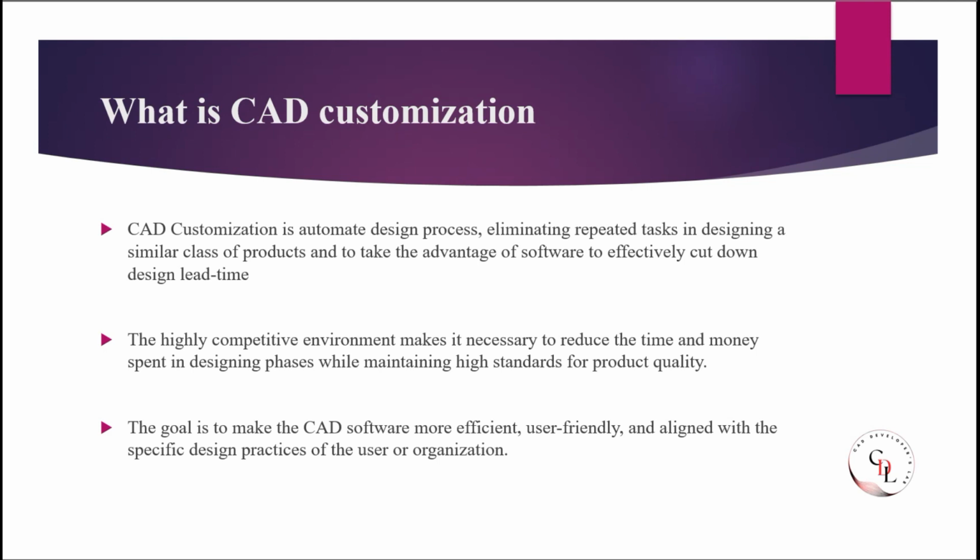The highly competitive environment makes it necessary to reduce time and money spent in design phases while maintaining high standards of product quality. The goal is to make CAD software more efficient, user friendly, and aligned with specific design practices of the user or organization.